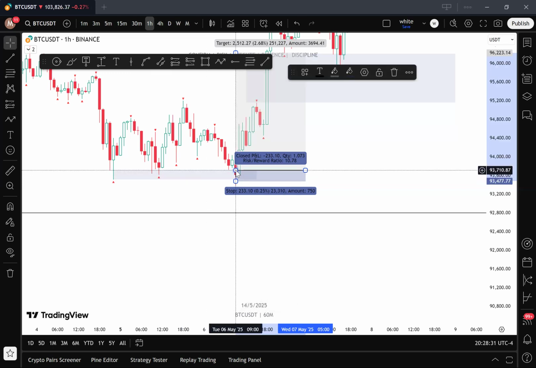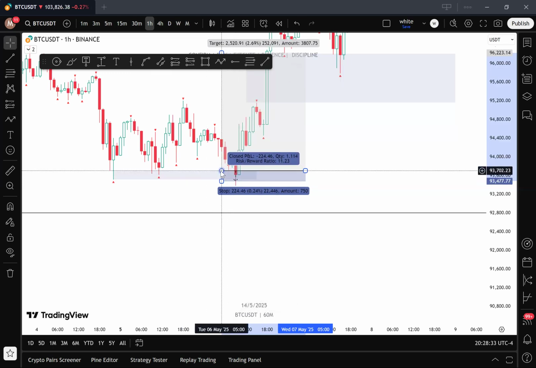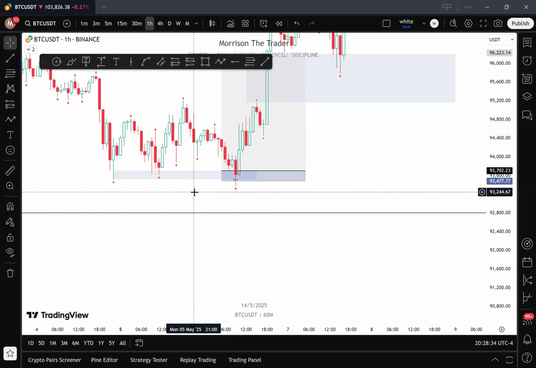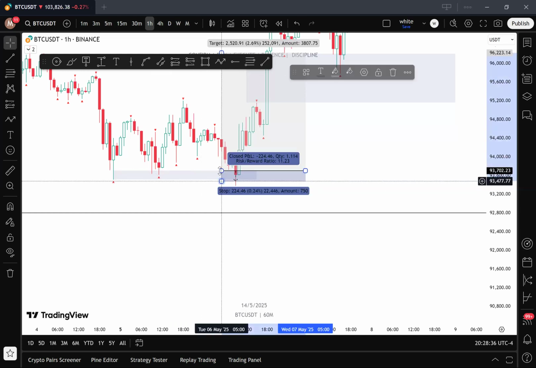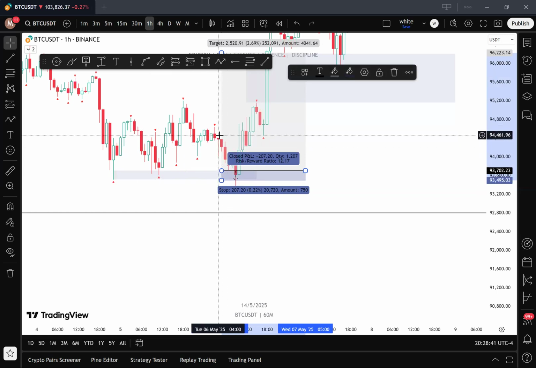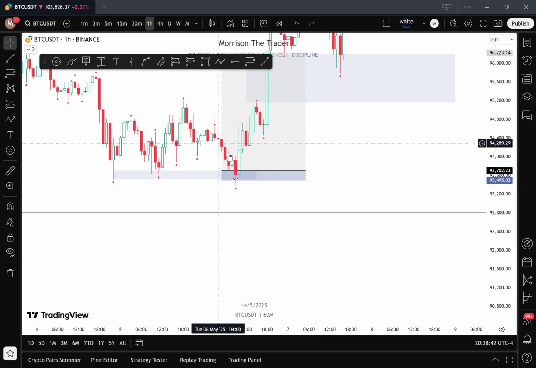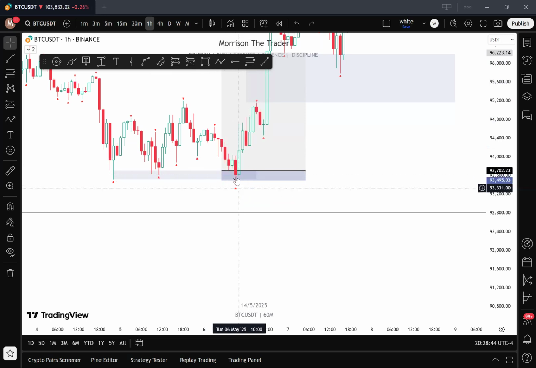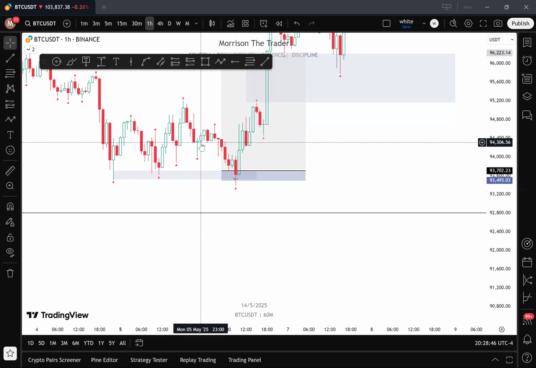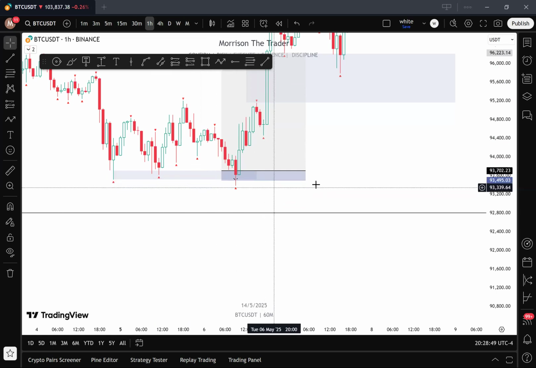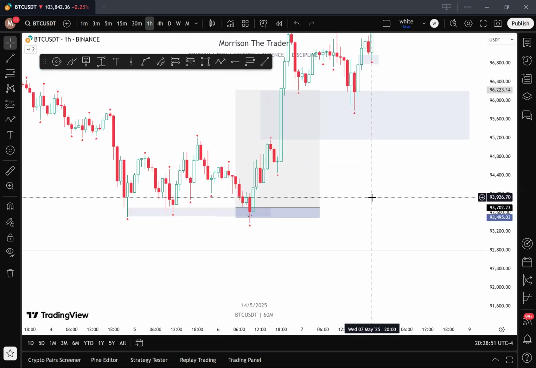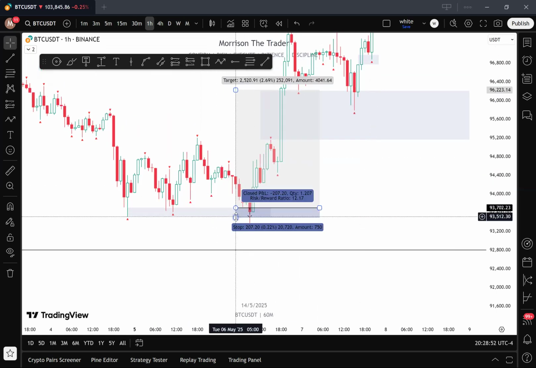So let's say they put it right here. This is where they enter the market. And they put their stop loss slightly below, as if the market hasn't already come here. So before the price comes in, this is what everyone will do: put your stop loss slightly below this level.